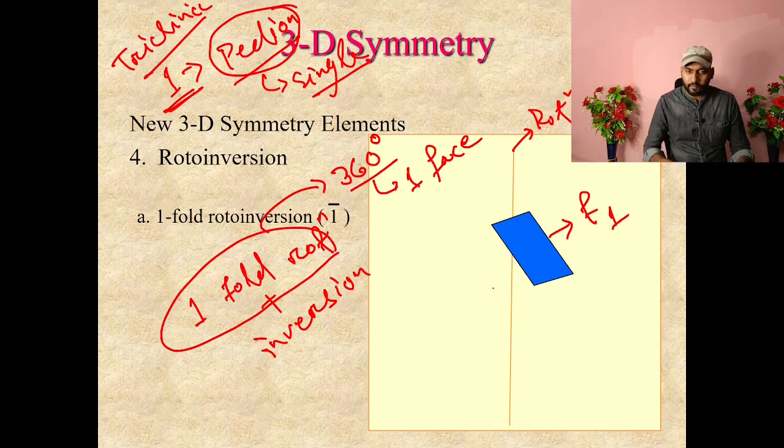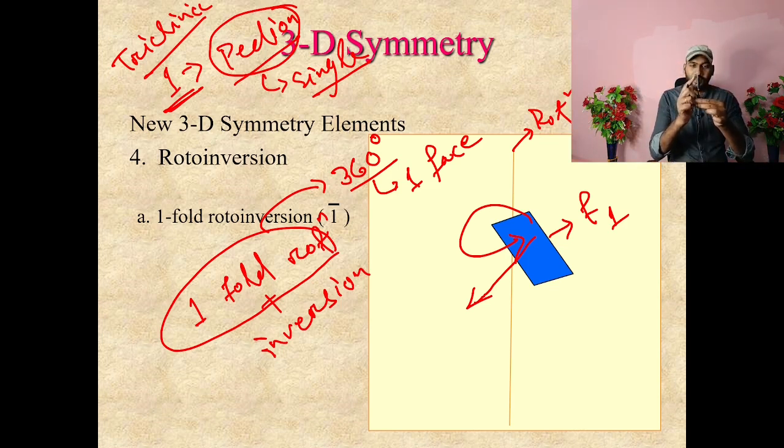Now 1 bar. 1 bar means one fold rotation, then inversion. In 360 degree, we will get one single face. This is the same face we will get in 360 degree rotation, and then we will invert through the center. What is inversion? What is rotation? How will we represent it? See the cap. This is the yellow side.